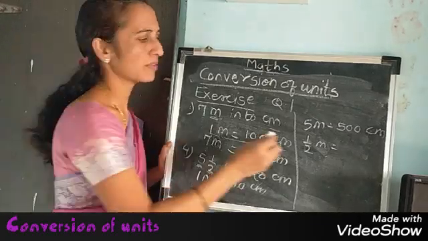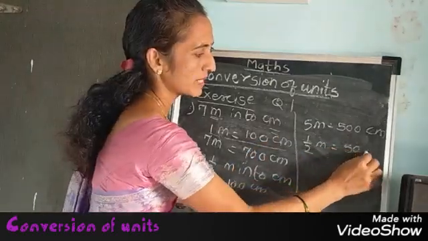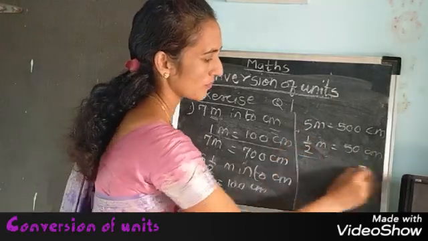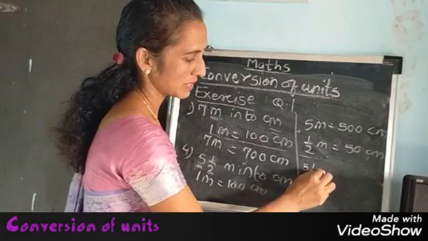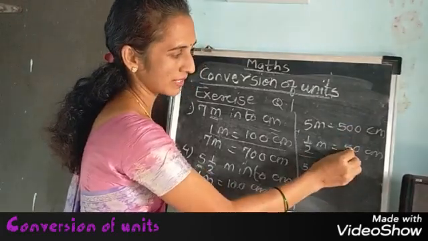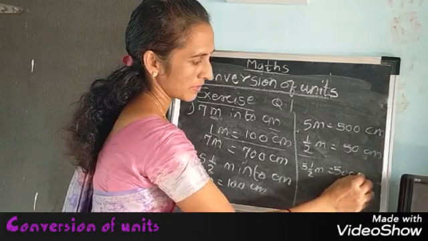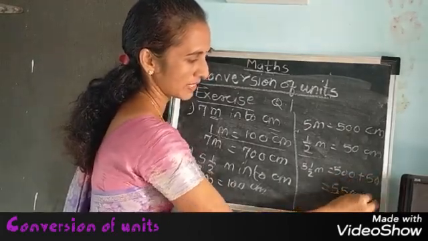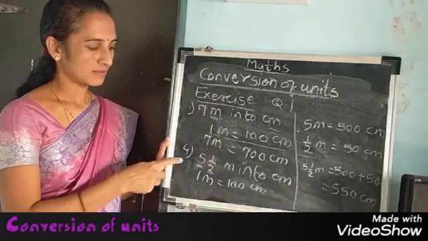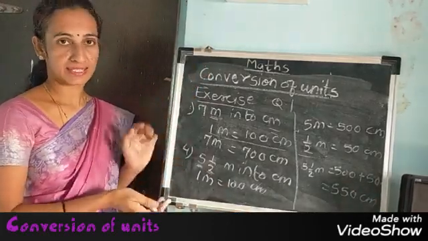Half of 100 is 50 centimeter. Now do addition of this. 5 and half meter is equal to 500 plus 50. That means 550 centimeter. In this way you have to solve this fourth example.